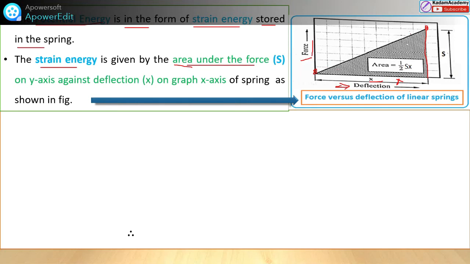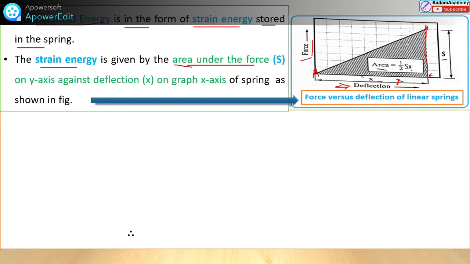Suppose this is A, this is B, and this is C. This is the triangle ABC. The area of triangle ABC is half into Sx, where S is this force and x is this distance, the deflection.